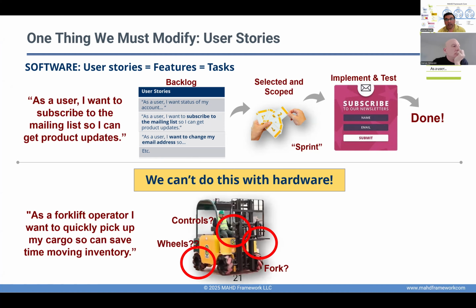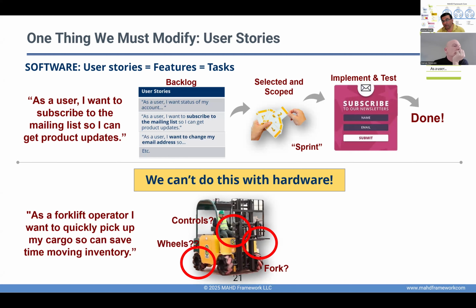For example, consider a forklift operator: "I want to quickly pick up my cargo." That would require a combination of steering, control interfaces, intelligent fork design, and so on to satisfy that particular user problem or user need. One developer or engineer couldn't possibly do all of this in a quick iteration or sprint.